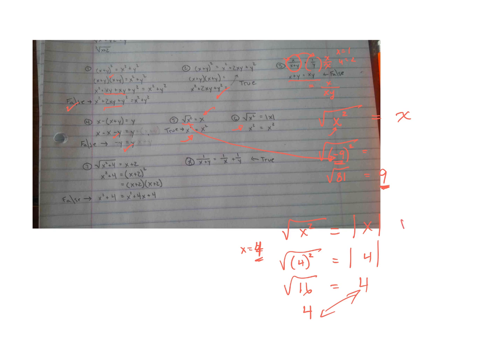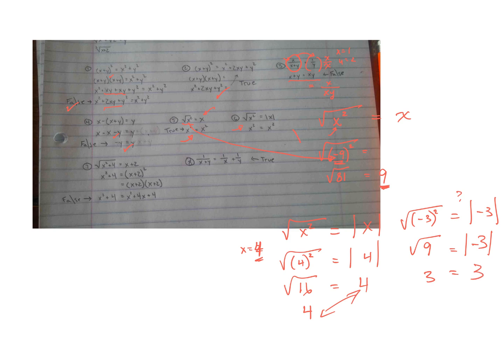So let's try a negative number. So let's try a negative 3 squared. And is that equal to the absolute value of negative 3? That's our question. So negative 3 squared would be a positive 9, and the square root of 9 is a 3, and the absolute value of negative 3 is also a positive 3.